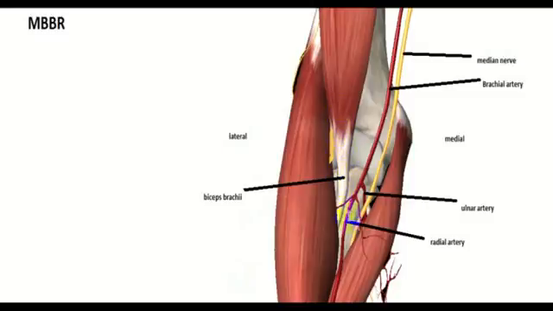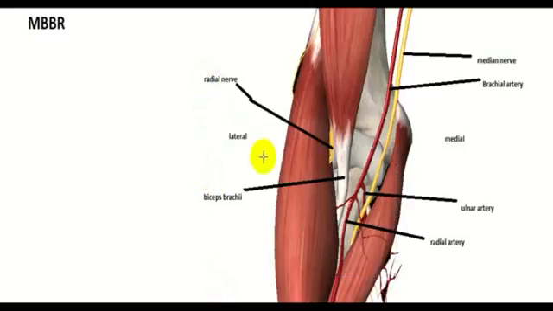So this is it here. Then after the tendon of the biceps brachii, you then find the most lateral content of the cubital fossa, which is the radial nerve. So this is the radial nerve.